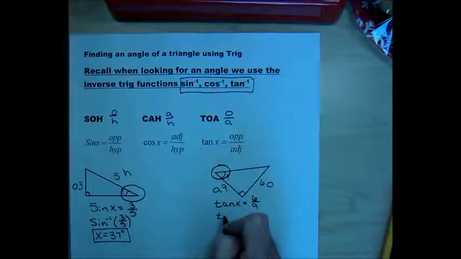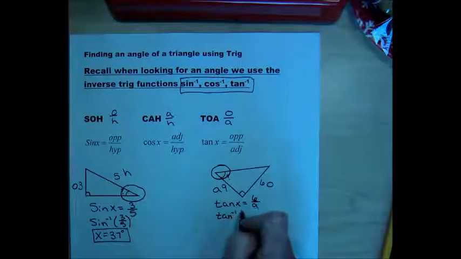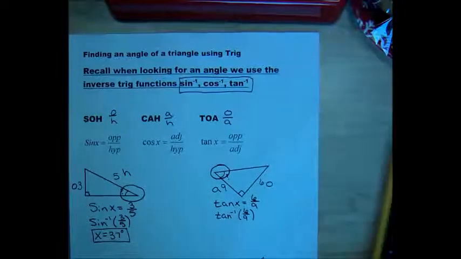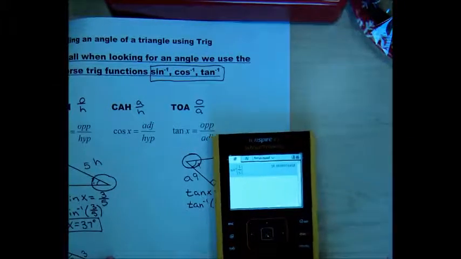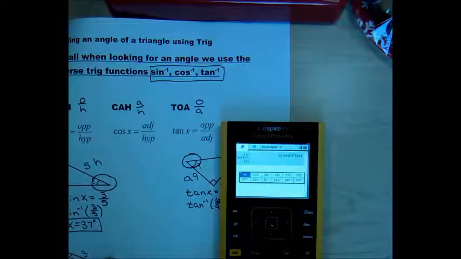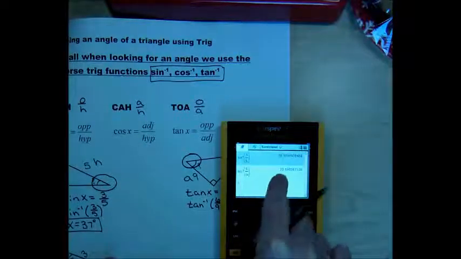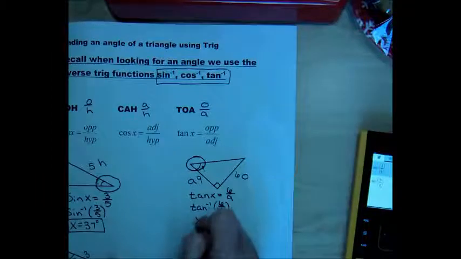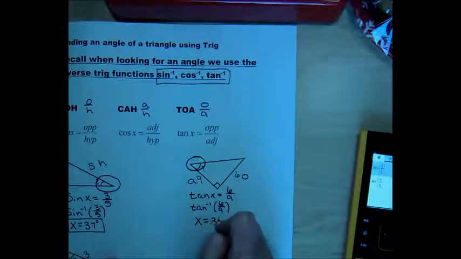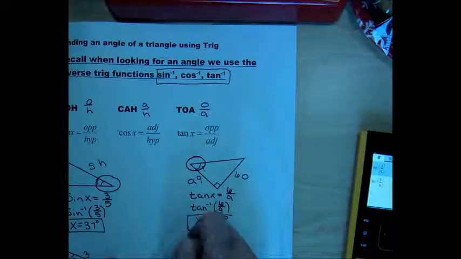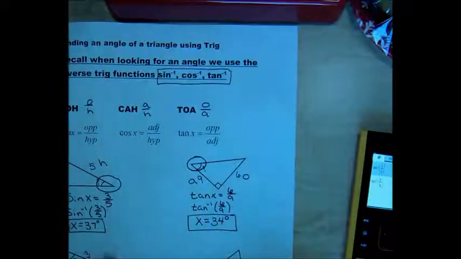So I'm going to use the tangent inverse of 6/9. And that is going to be 34 because 33.6 rounds up to 34.